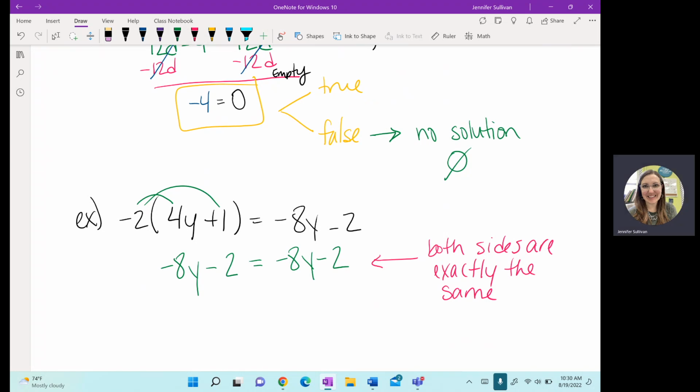But let's say you didn't notice that right away and you just started solving some things out. So, okay, I'm going to take this negative 8y and I need to move it to the other side of the equal sign. And so to move this piece over, I have to add it or subtract it. So I see a negative, and so I'm going to add it to the other side.